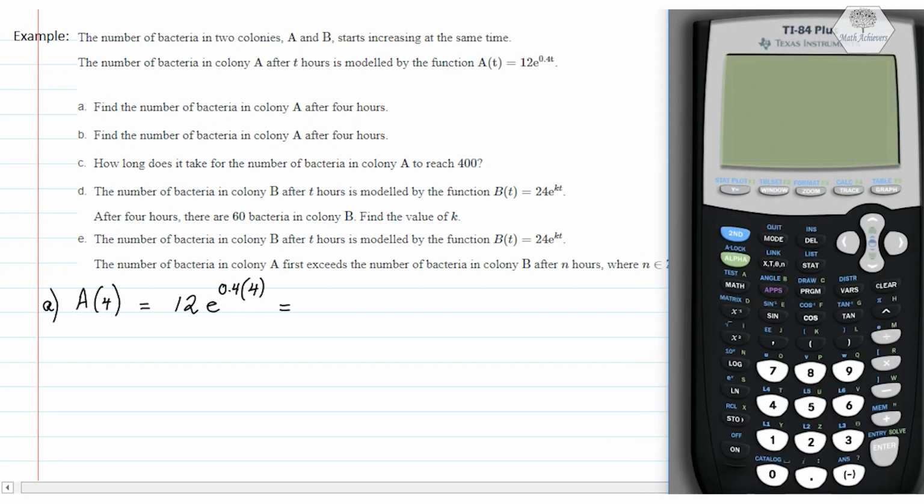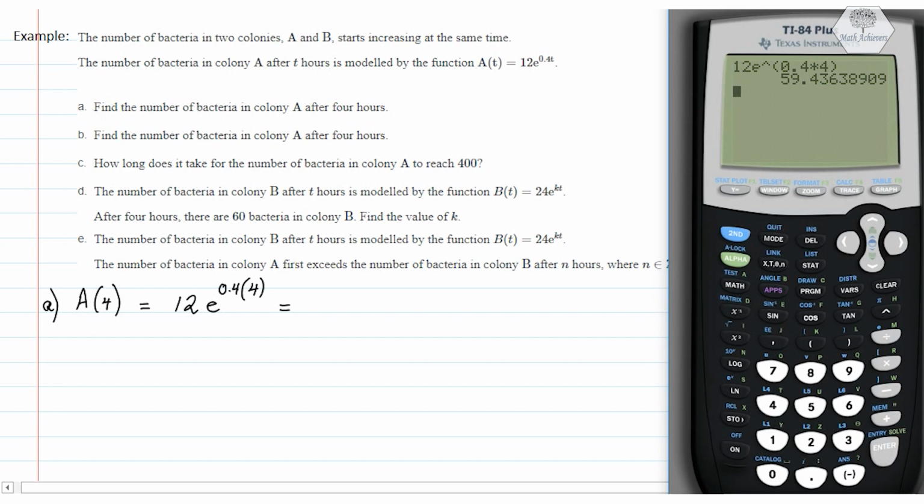we need our GDC here. It's 12 times e to the power of 0.4 times 4, equal to 59.4.